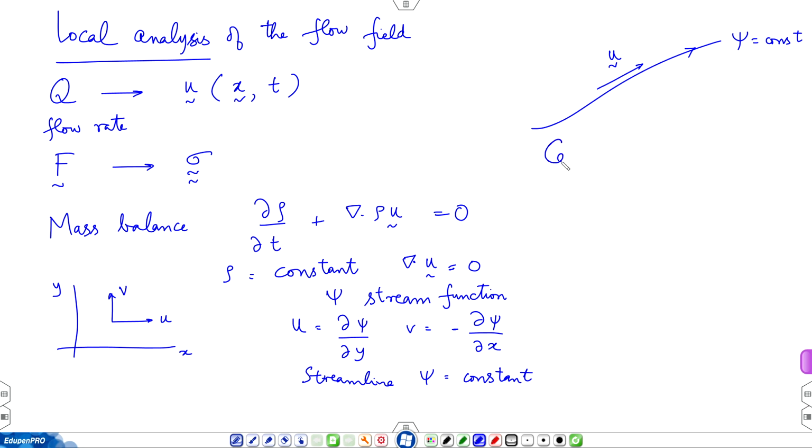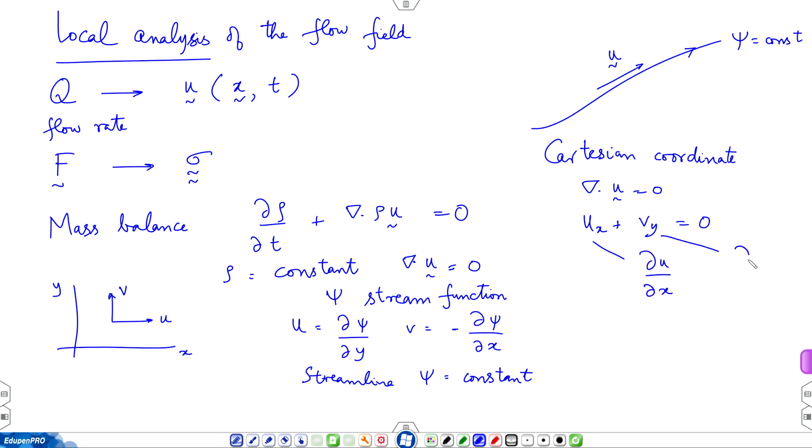So, in Cartesian coordinates, it will become u x, which is partial derivative of u with x, plus partial derivative of v with y, sum of the two is 0, which is del dot u equal to 0. u and v are the x and y components of velocity.